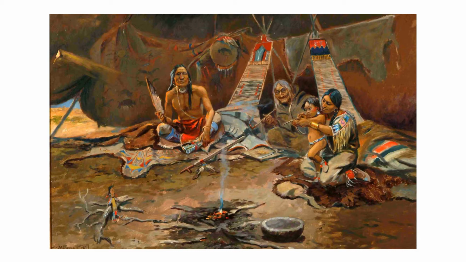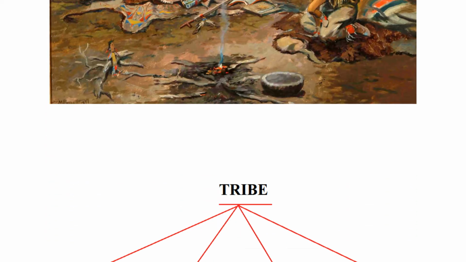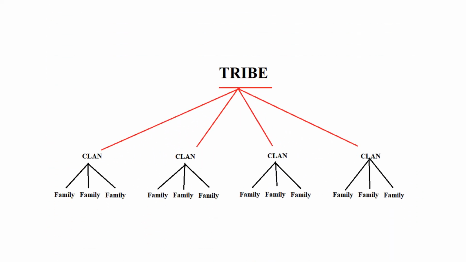And if you look at this chart right here, you can see kind of an idea of how tribes are put together. So you see there's a bunch of different families, and some of these families are connected. In this chart, I've got three for each, but there would be more than that usually.